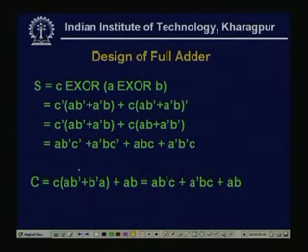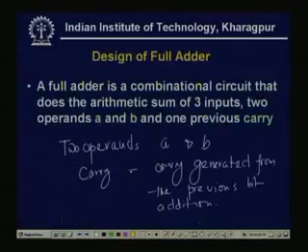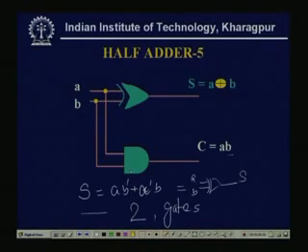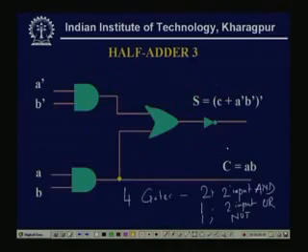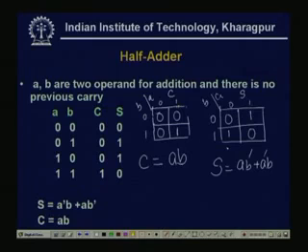Again we go back to our half adder. Our half adder was simple A XOR B and the carry was AB. That was the half adder circuit, because it was the truth table.